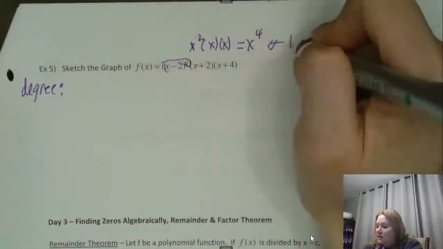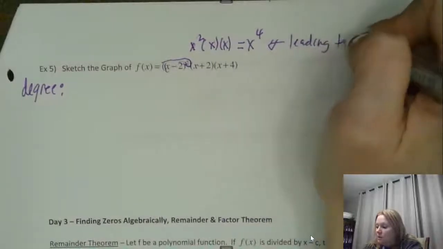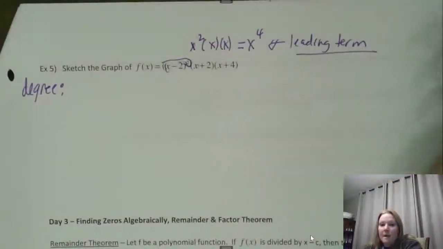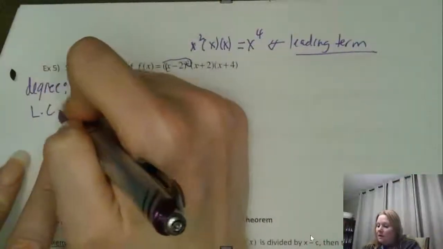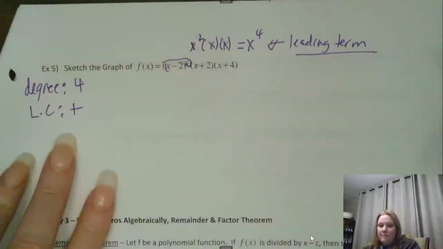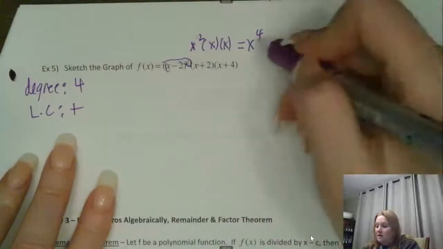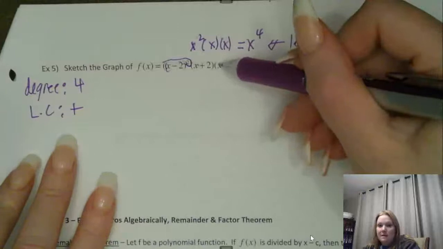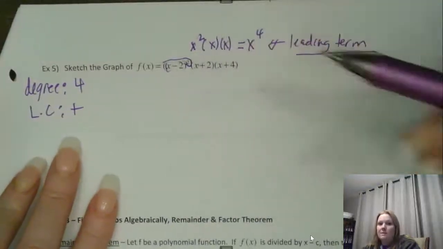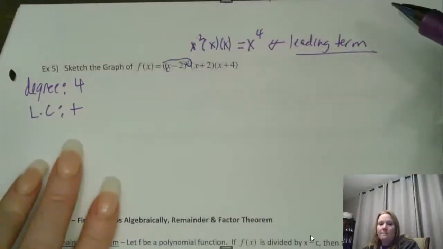So this is the leading term. So that's a degree 4. Leading coefficient is positive because it's a positive x to the 4th. This is positive, this is positive, this is positive. So positive times positive gives me positive.